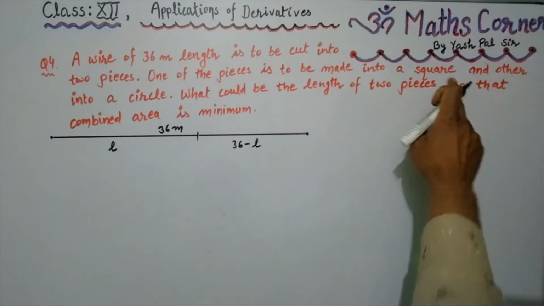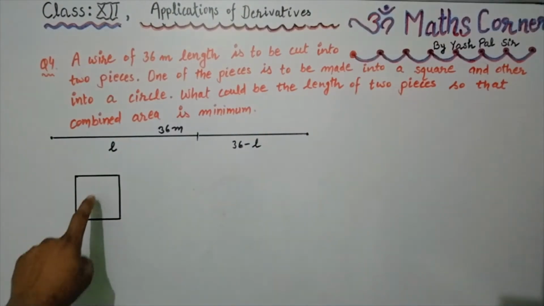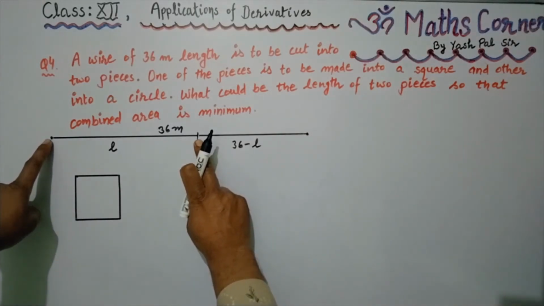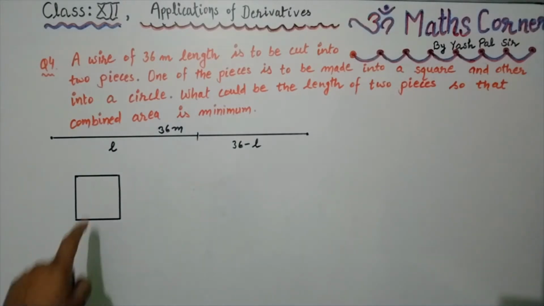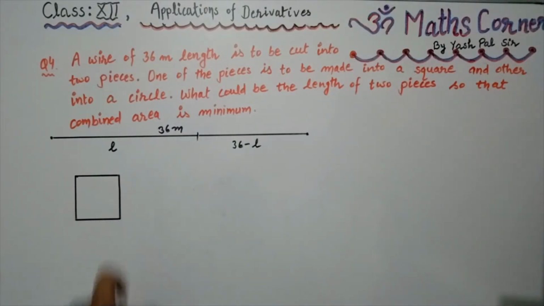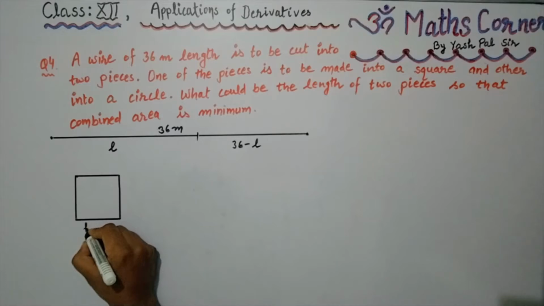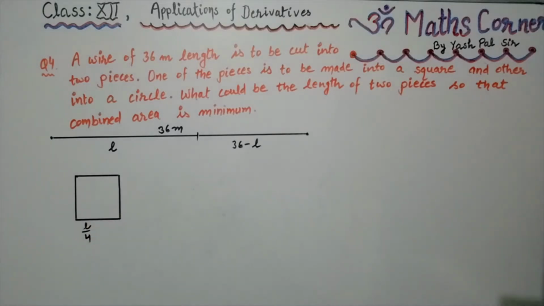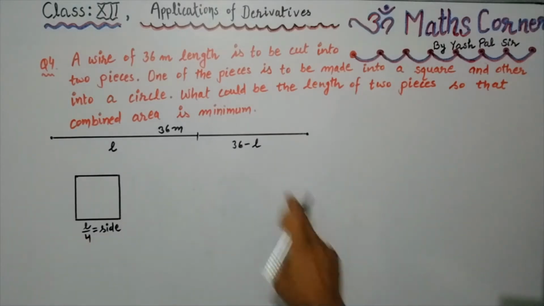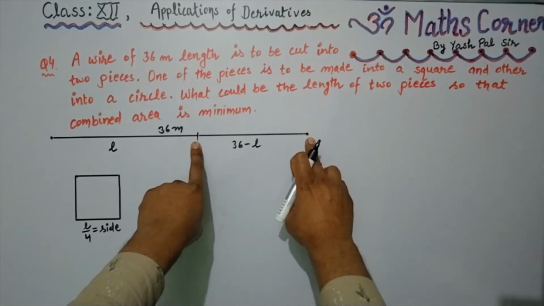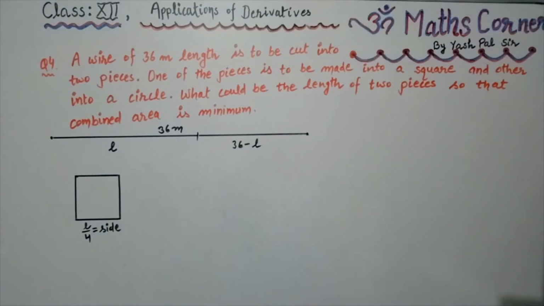Now suppose from first piece we are making a square. This way the square is made from this wire with length L. So what is the length of the side? 4 equal sides. So length of one side will be L upon 4. This is the length of the side. Similarly, 36 minus L is the second length.